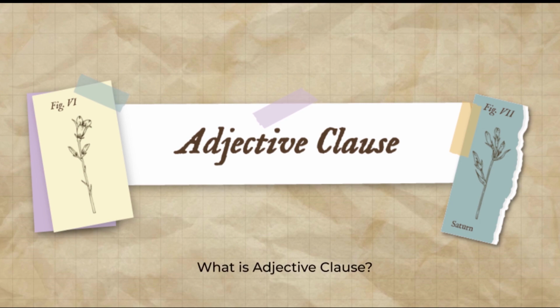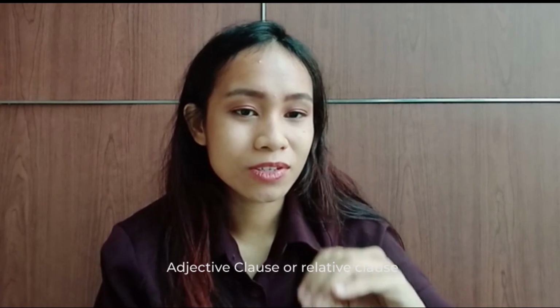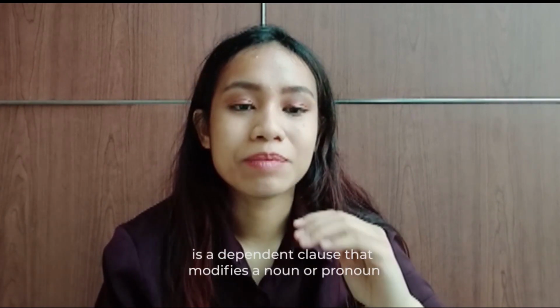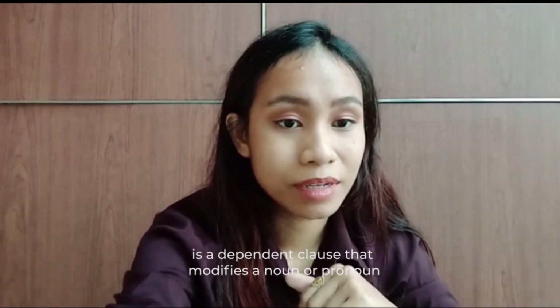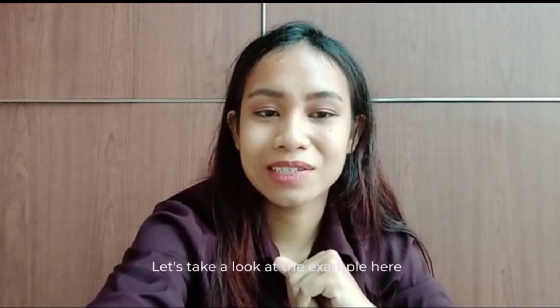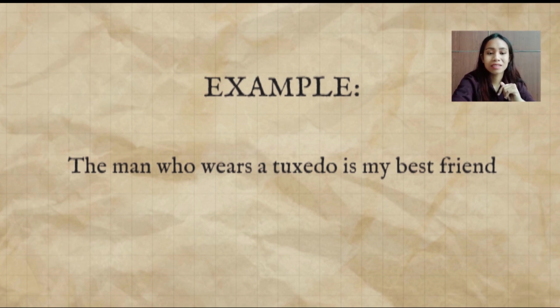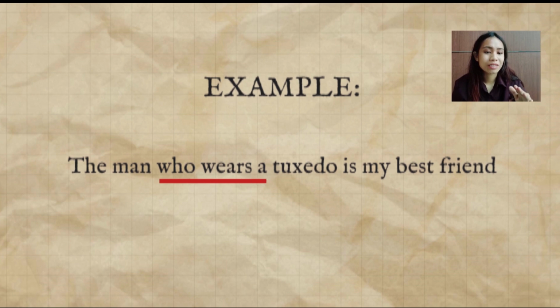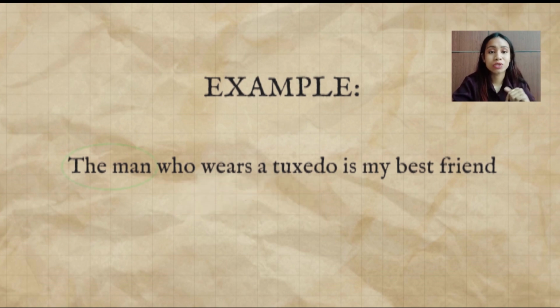Now let's move on to the next clause, adjective clause. What's adjective clause? Okay, adjective clause or a relative clause is a dependent clause that modifies a noun or a pronoun. Let's take a look at this example here. The man who wears a tuxedo is my best friend. The words who wears a tuxedo are modifying the noun, which is the words the man.